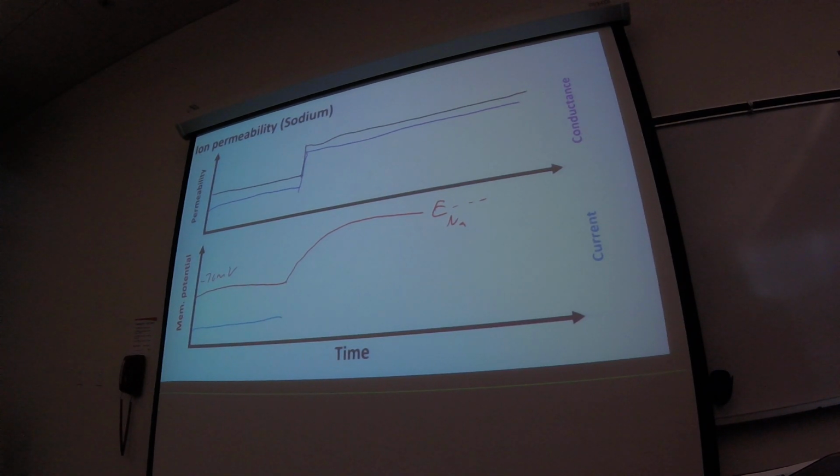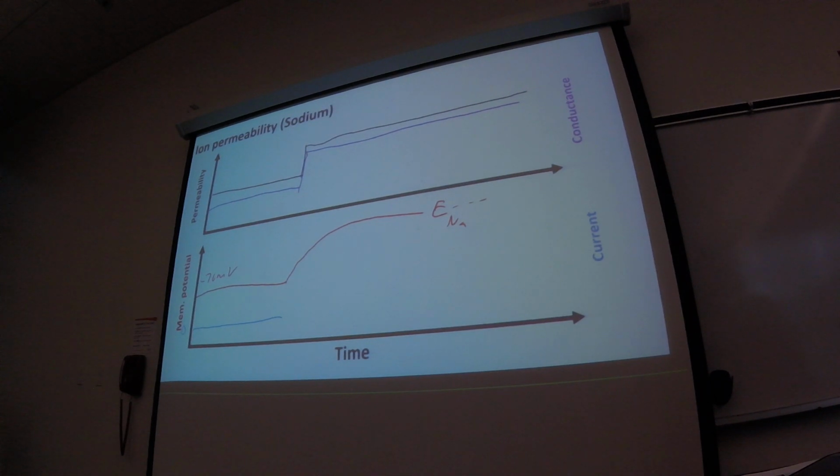Let's say current right now is at zero, or close to zero. Not much charge is really moving around the cell membrane because it's mostly an insulator, right? And for current, generally when positive charges are entering the cell, we consider that a positive current.